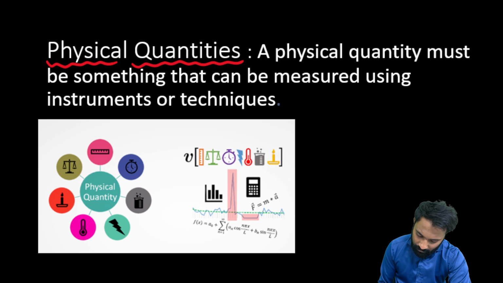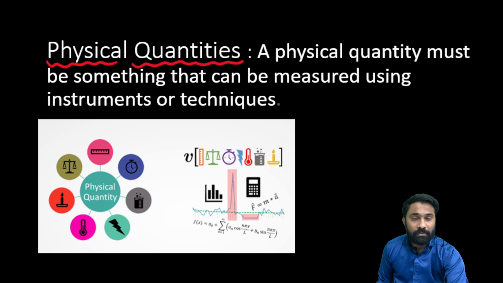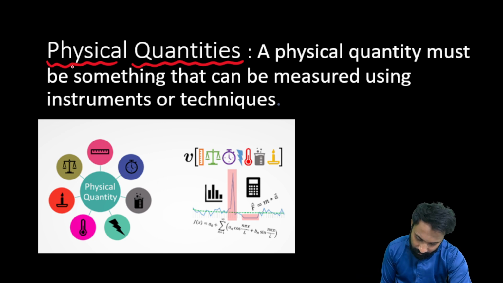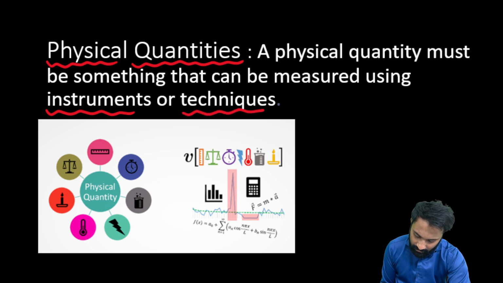A physical quantity is something that can be measured using an instrument or technique. With an instrument or technique, we can derive the physical quantity. First one, you can see this is time. These are some physical quantities that we can measure with an instrument or technique.